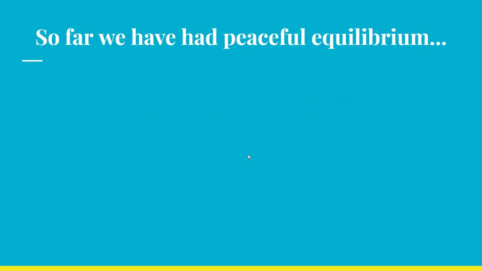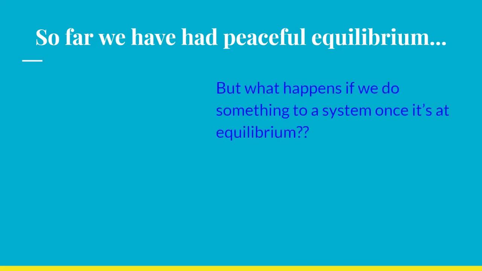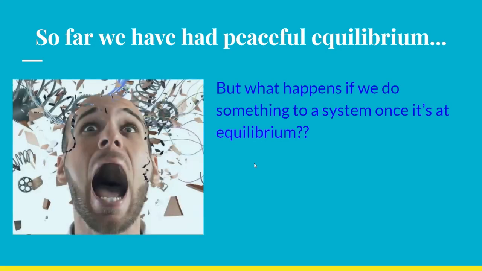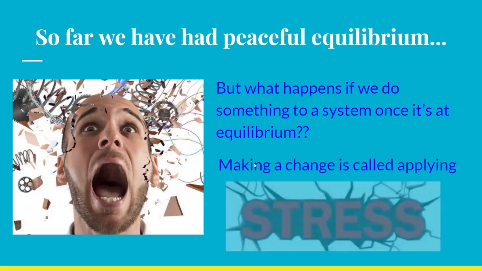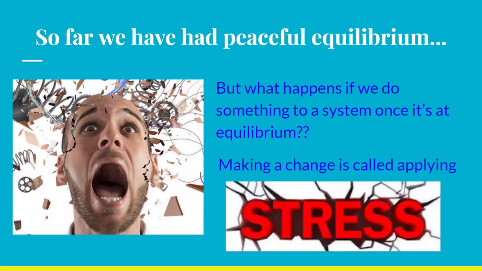So once an equilibrium is established, and at the beginning of the demo video, you'll see that the equilibrium hasn't happened yet in the beginning. And then the teacher is going to start asking kids questions about when are you at the equilibrium? Okay. But once an equilibrium has been reached, it is constantly working at maintaining itself. But if you make a change to that system, we call that applying stress to the equilibrium.